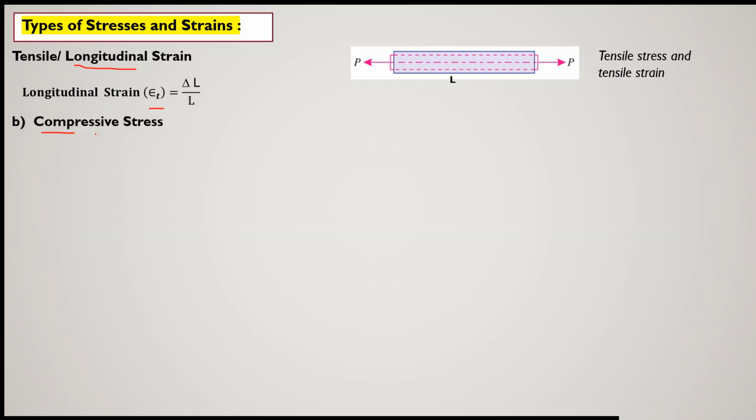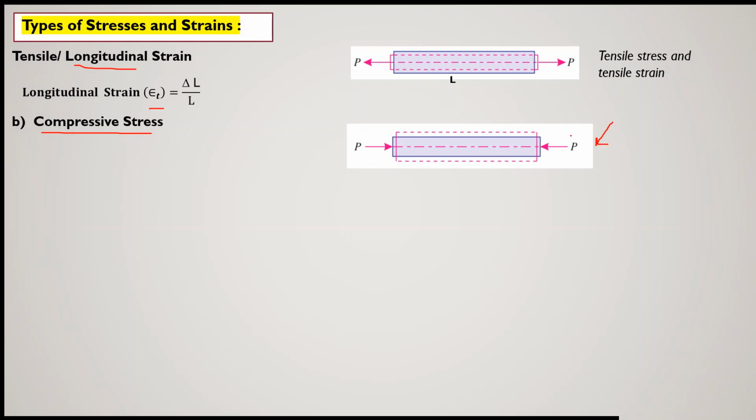Now when we are talking about compressive stress, the same figure, if you see here in figure number 2, the external force is acting towards the body, on the body. So this is a compressive force, and compressive force has the tendency to compress the body.